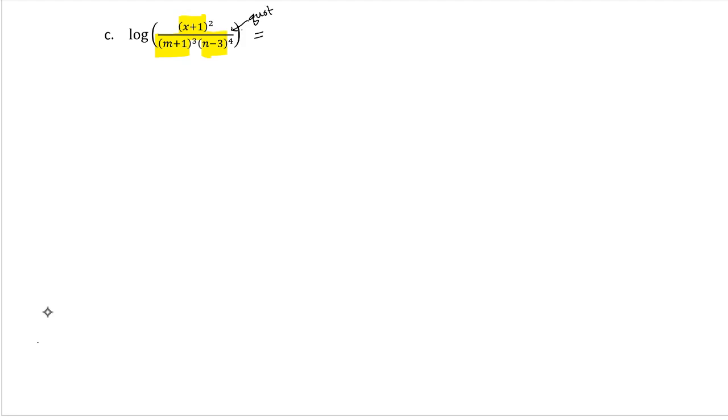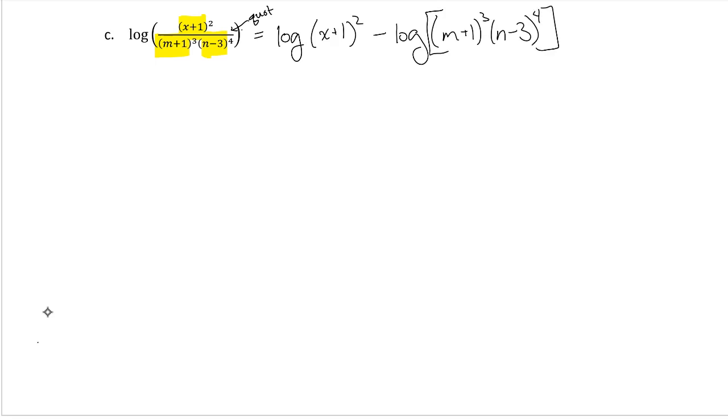So I'm going to break it apart and I'm going to have this and I'm going to be subtracting everything after it. So log of x plus 1 squared minus log of everything in the denominator. Okay.